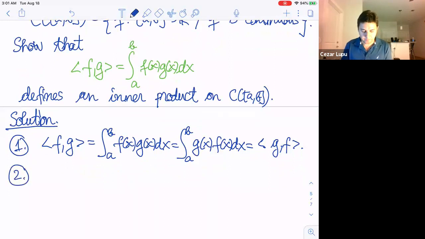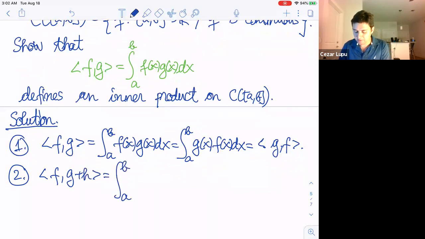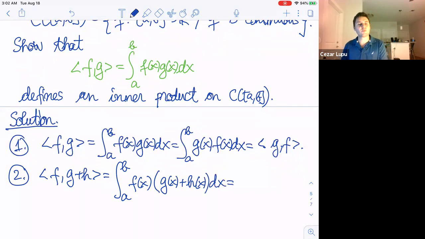The second one, well, let's look at the inner product between f and g plus h. By the definition, this is nothing else than the integral from a to b of f of x times g of x plus h of x. And in this case, we'll use a property of the integral, which supposedly you have learned in calculus 1.